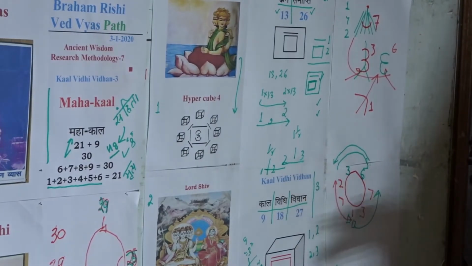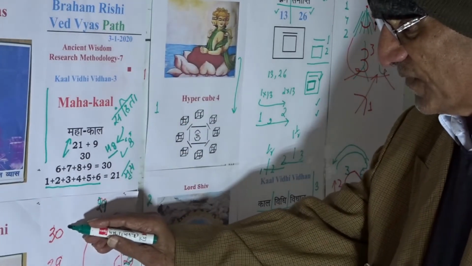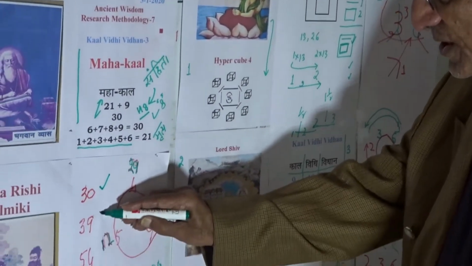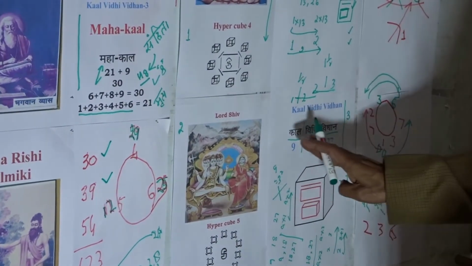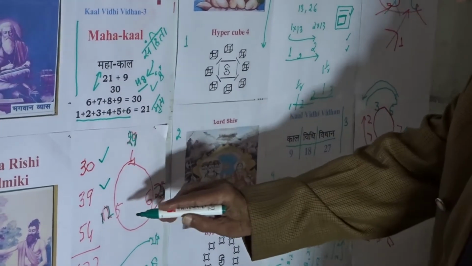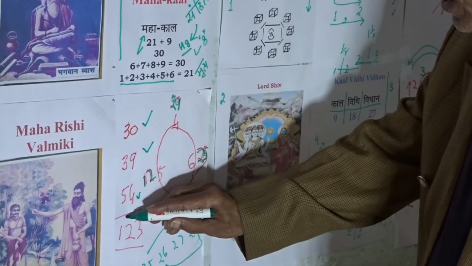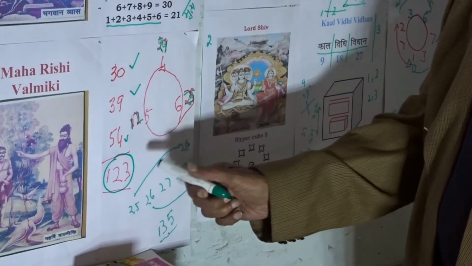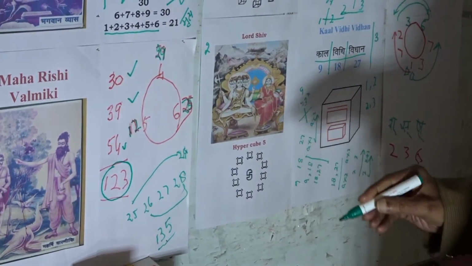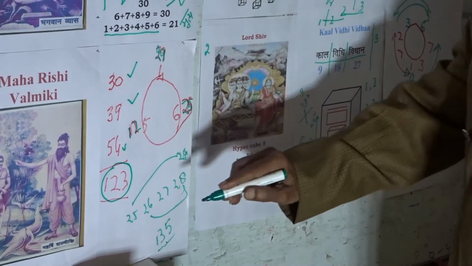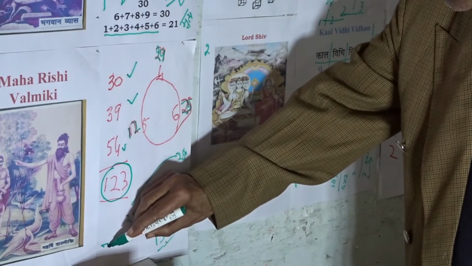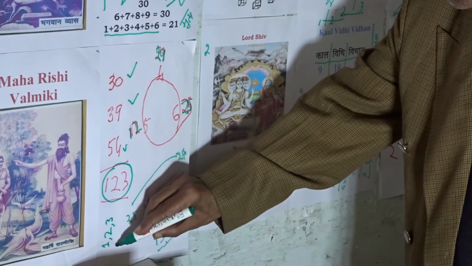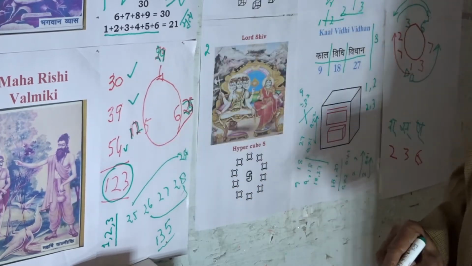Now see, the formulation Maha is of value 30, while formulation Karma Samapti is of value 39, and the formulation Kaal Vidhi Vidhan is of value 54, and these triple values together lead to the summation value 123, which in a way is taking into account in sequential steps the triple values 1, 2, 3, a unique triple of the whole numbers.